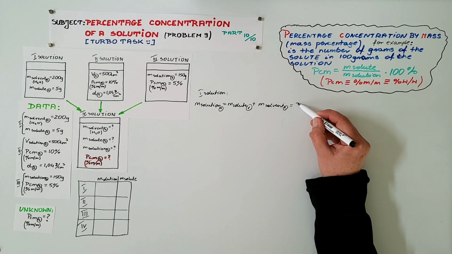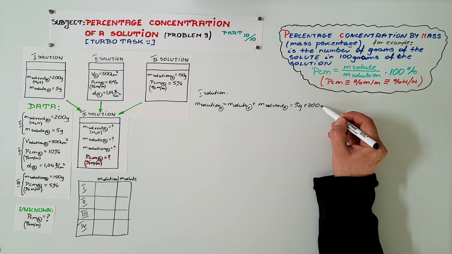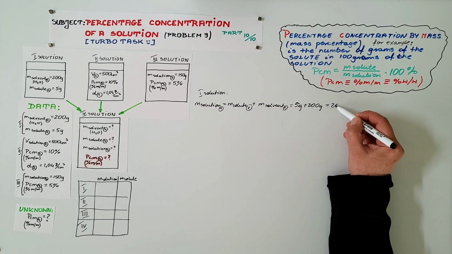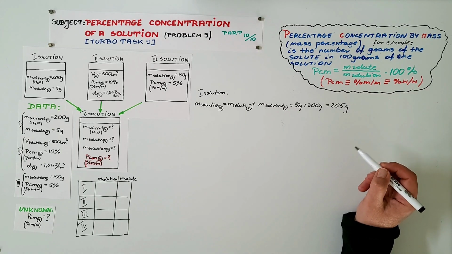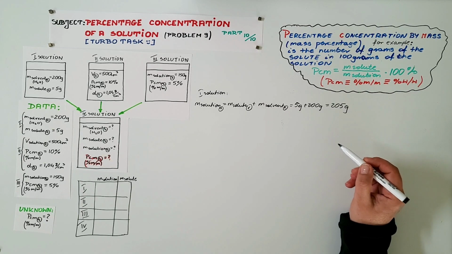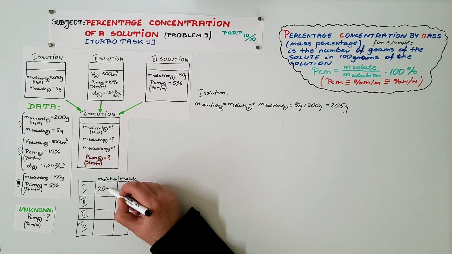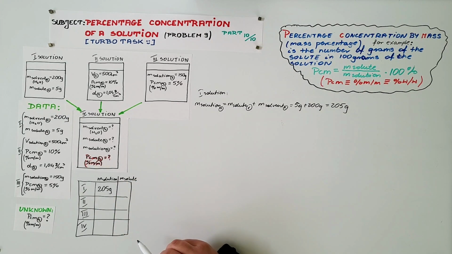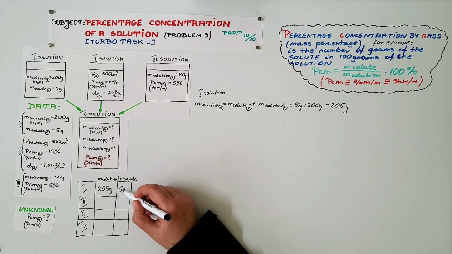So it is 5 grams plus 200 grams equals 205 grams. So let's write it into the chart. Mass of solution 1, 205 grams. Mass of solute in first solution, 5 grams.